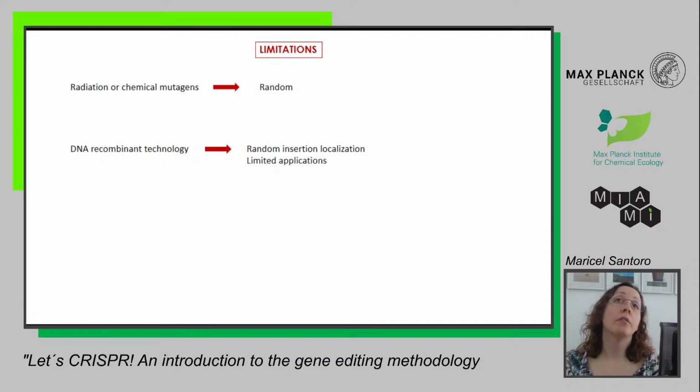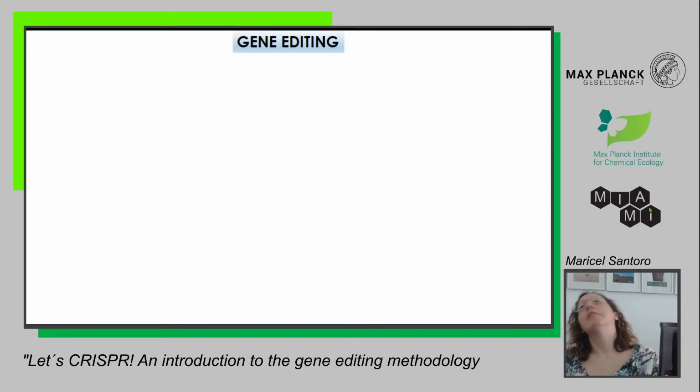We don't know where it's going to insert in the DNA of the plant. And there are limited applications because we can just insert a gene in a plant, but we cannot modify all the genes that are present in the plant. So we actually needed a tool that was more specific for the sequence that we want to act on, and that's why gene editing came.